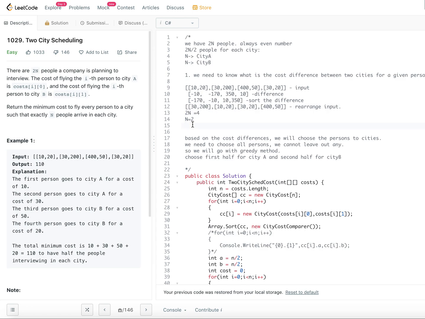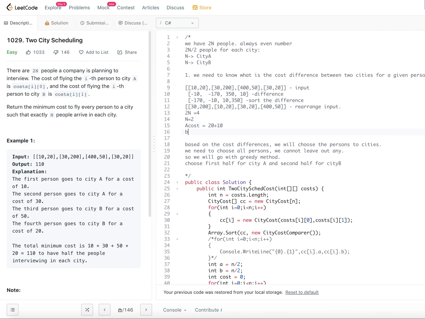So A cost is 30 plus 10, and B cost is 20 plus 50.